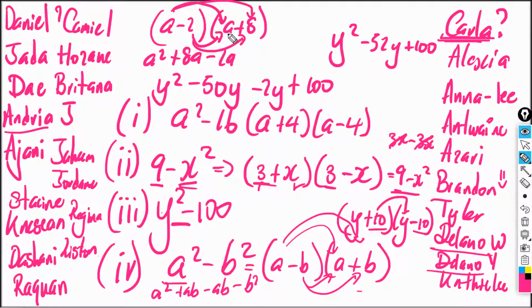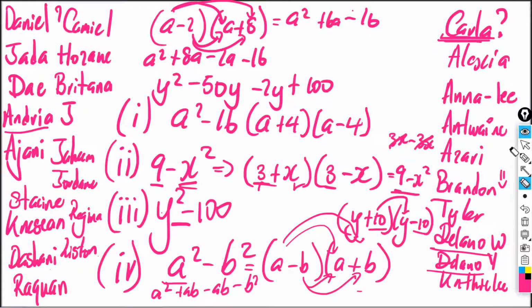And minus 2 times 8 is minus 16. So this is not gonna cancel out. You're gonna end up with A squared plus 6A minus 16, which is not A squared minus 16. You need the middle to cancel out. So the numbers have to be the same. The 4 and the 4 have to be the same. The 3 and the 3, the B and the B, the 10 and the 10 have to be the same. Make sense?